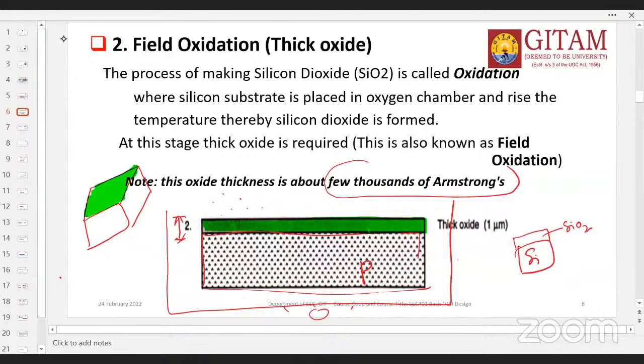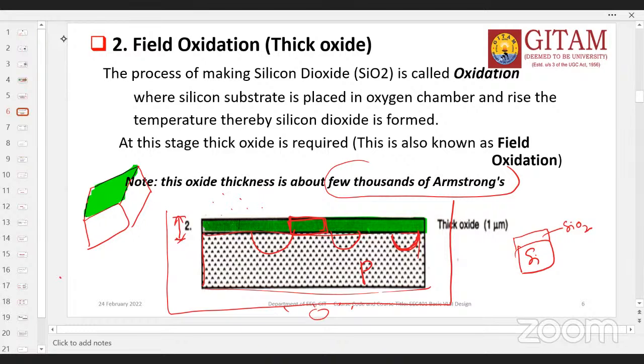If you observe, the gate is in the middle, source and drain are adjacent to it, and the substrate is somewhere else. That means at different places of the substrate we are performing different operations. We cannot perform all these things at a time, so we have to do it step by step.